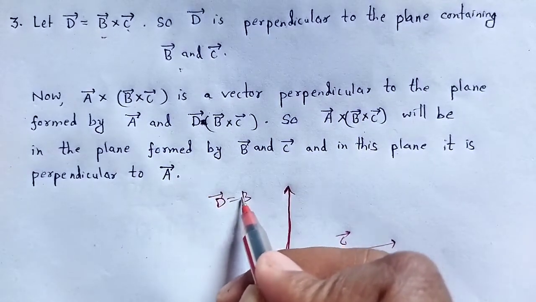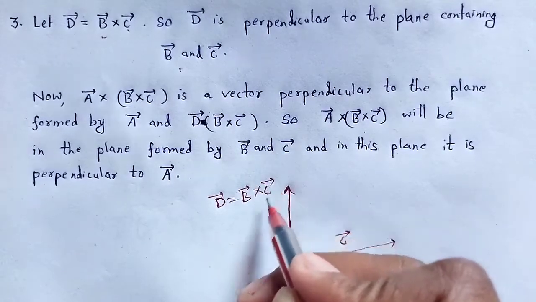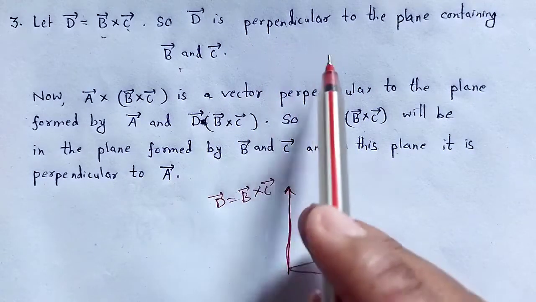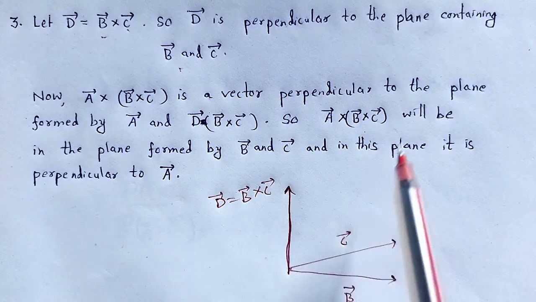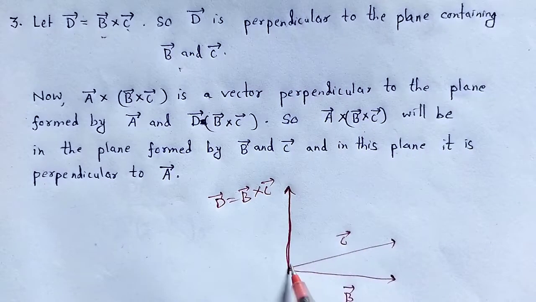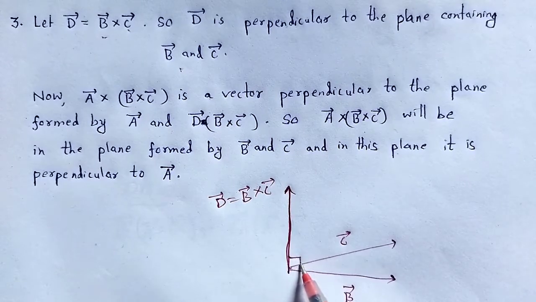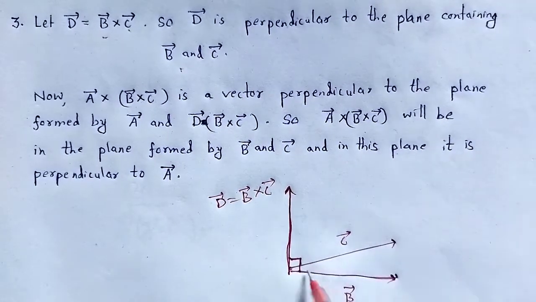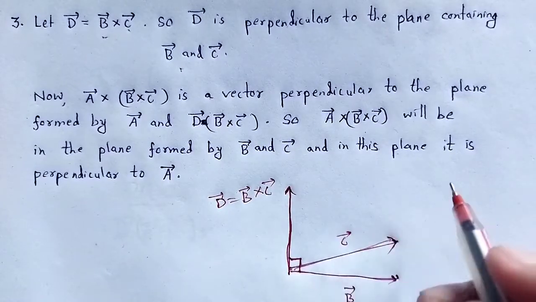That means the D vector is perpendicular to the plane containing B vector and C vector.